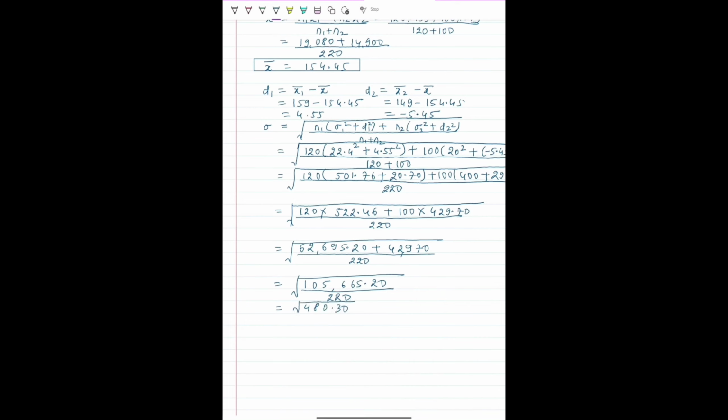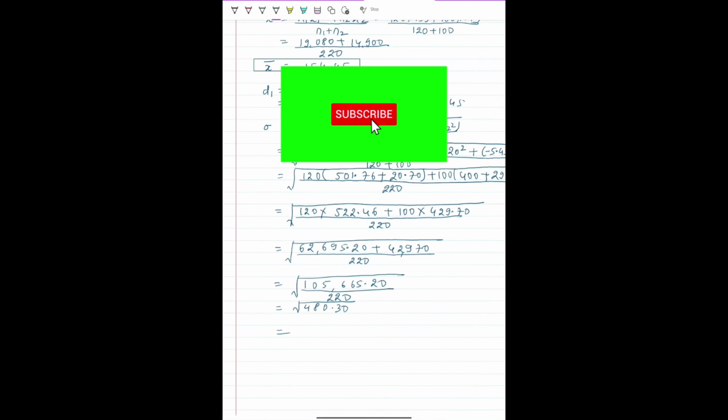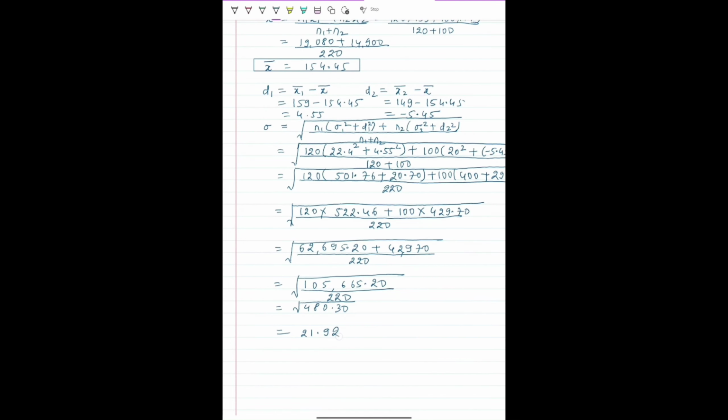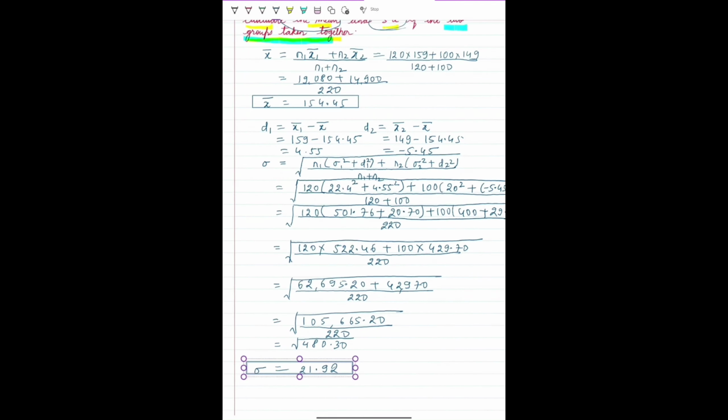Now finally we calculate the square root of this number, which is 21.9157, so that is 21.92. This is the standard deviation of the combined group. We have got the combined arithmetic mean as 154.45 and the combined standard deviation as 21.92.